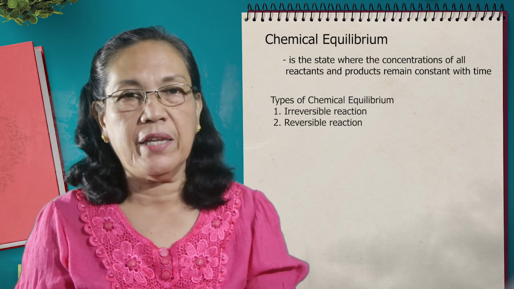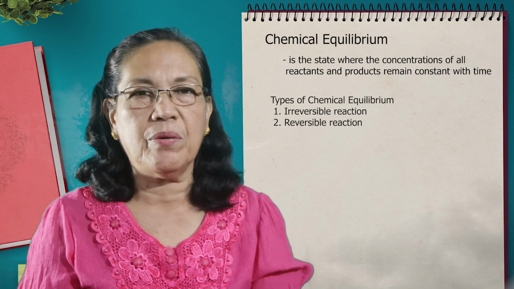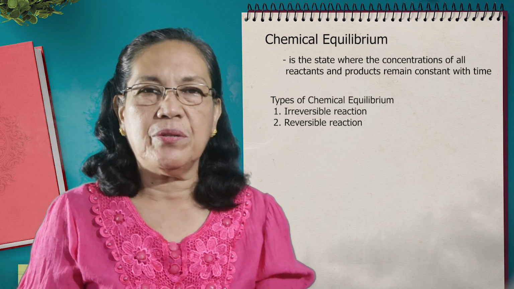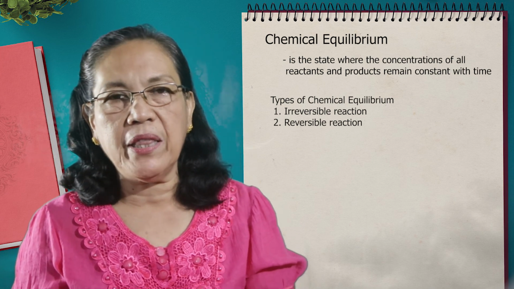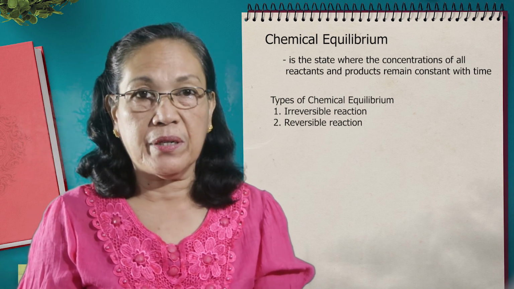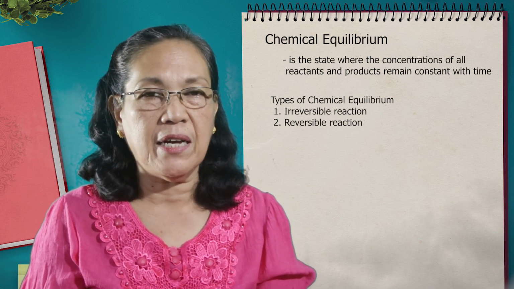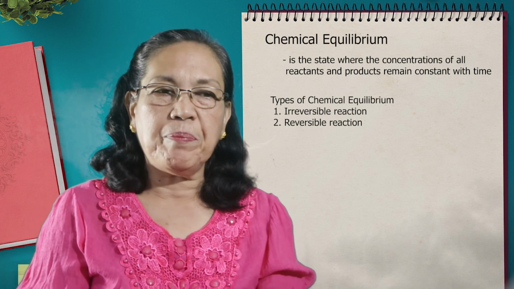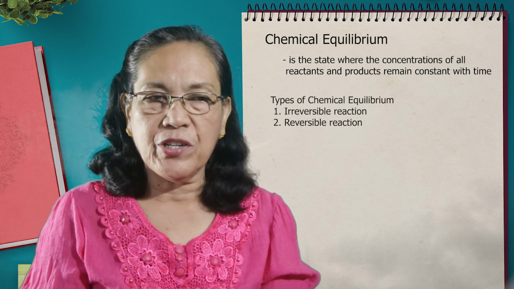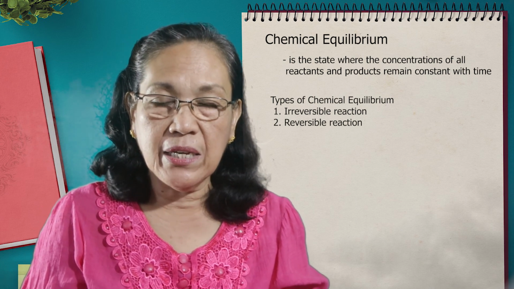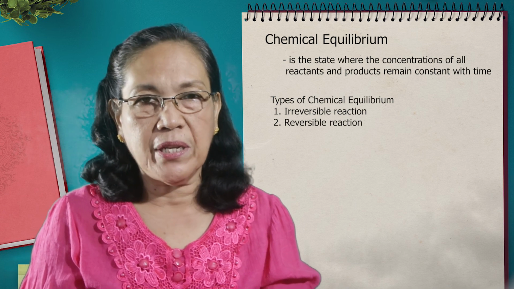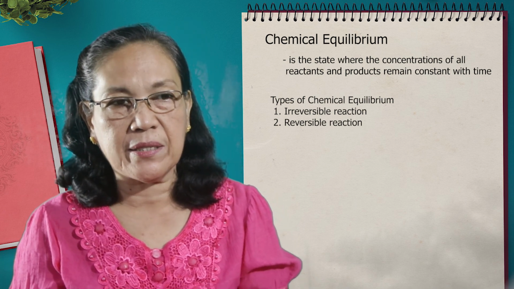Because they start to form the product, so their concentrations decrease. Number two, collisions between them will become fewer because the reactants start to be used up. And thirdly, the speed of the forward reaction will decrease, so the left to right reaction starts to slow down.